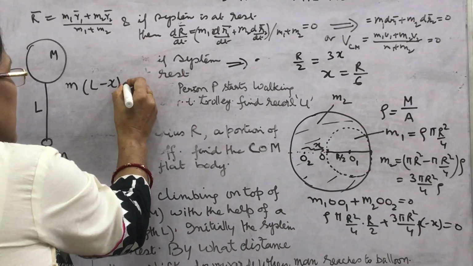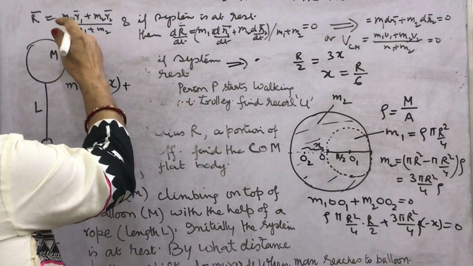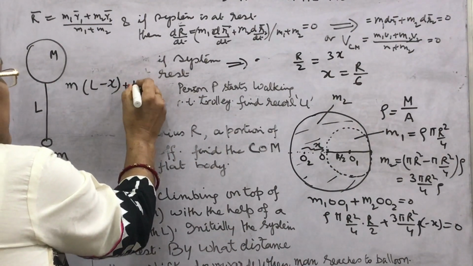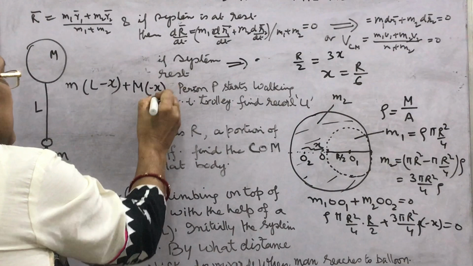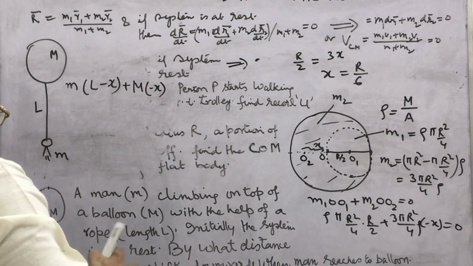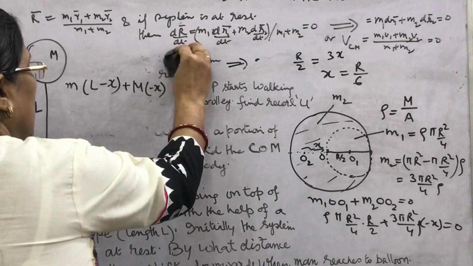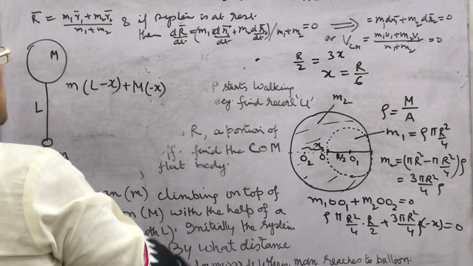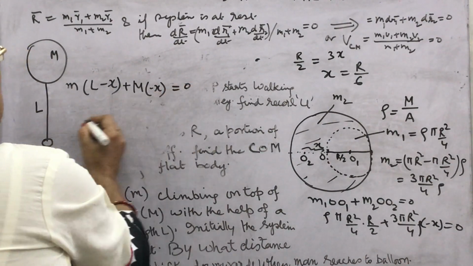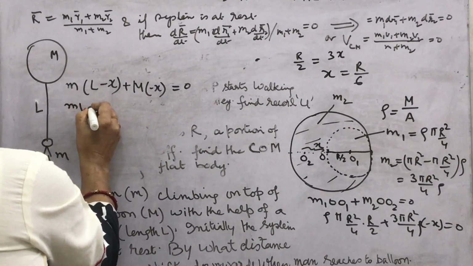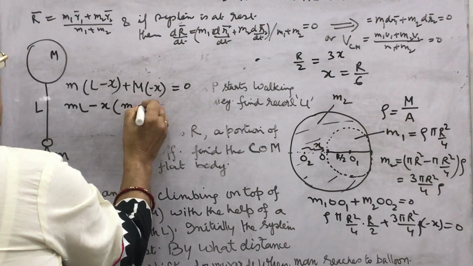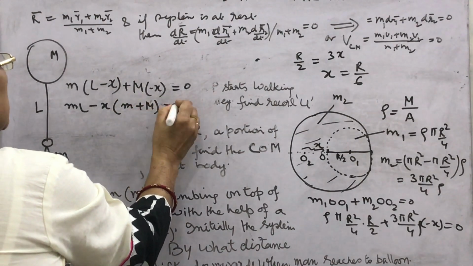The balloon will come down with M into minus X. So this will be the expression, equal to 0. What will you find here? That M times (L minus X) within bracket, plus M X, is equal to 0.